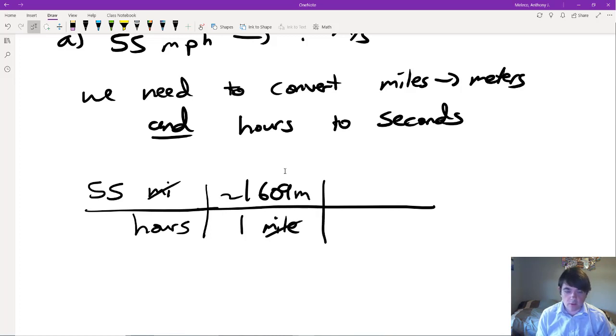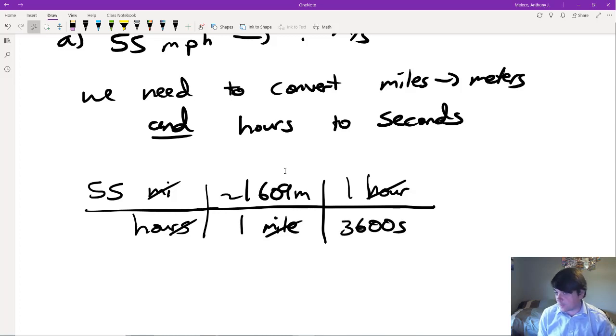Those would cancel, and you would need this conversion, which I would give you. Now we've gotten rid of miles, and we're left with meters. Great. Now we need to convert hours into seconds. I would put hours up here this time instead of on the bottom, because the hour would then divide out. So in 1 hour, there are 3,600 seconds.